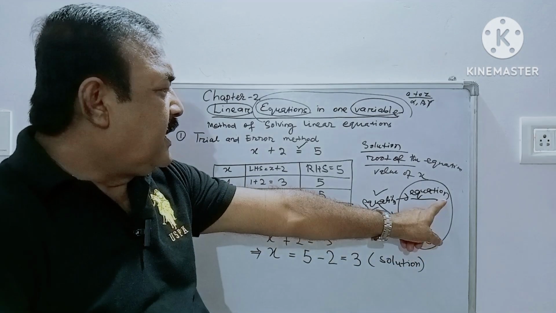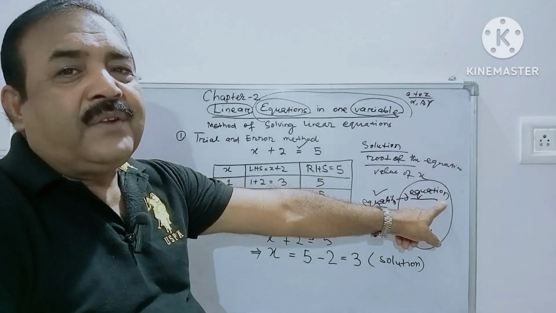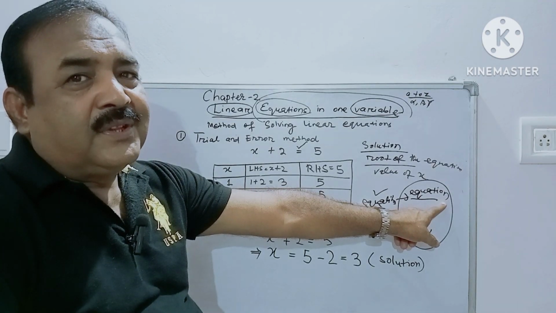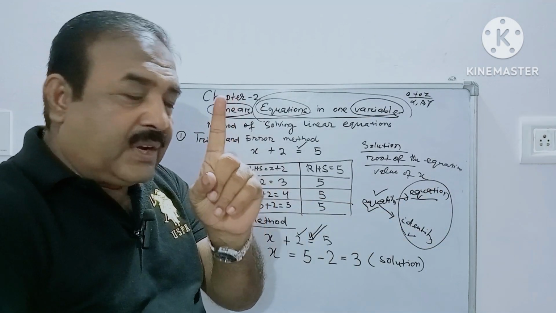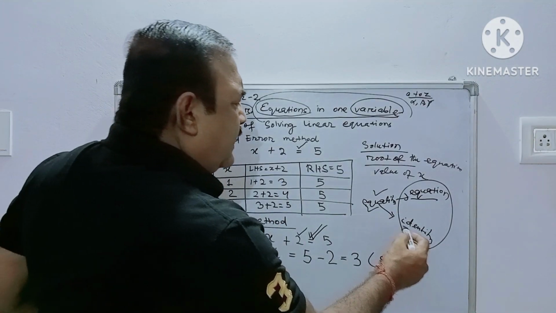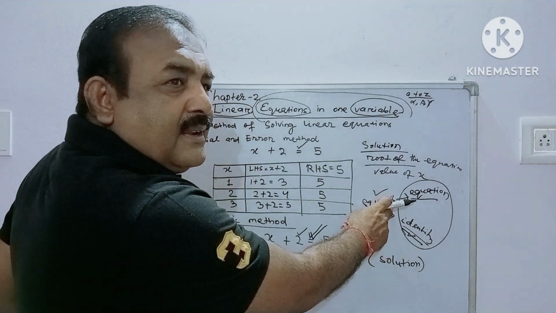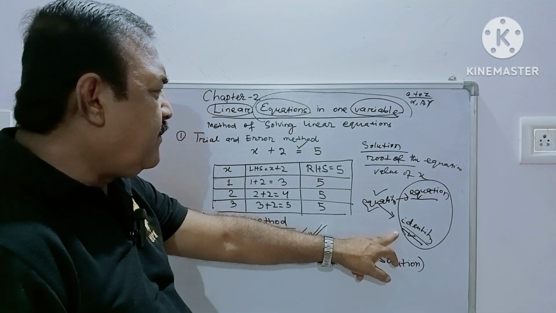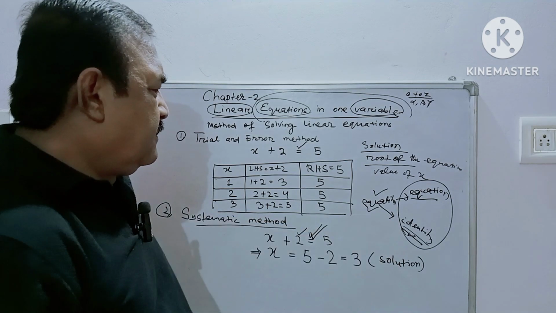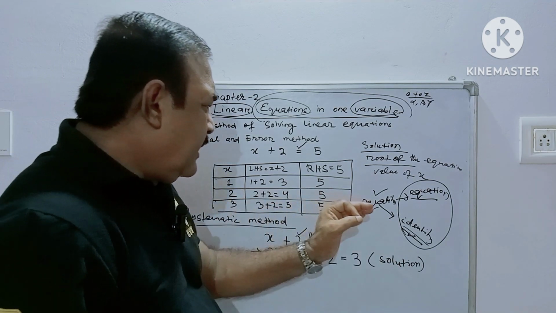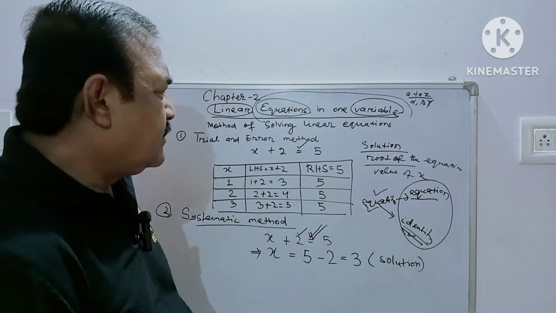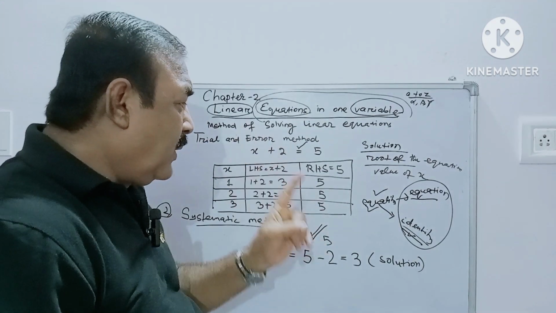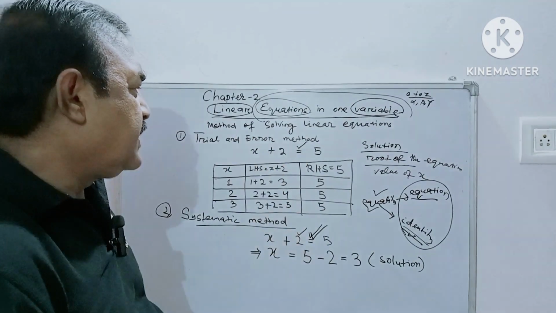But the equation is satisfied for the definite value of the variable, not for all values of the variable. In the case of identity, that equality is true for all the values of the variable. We will discuss it later.